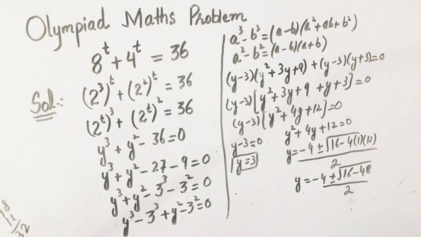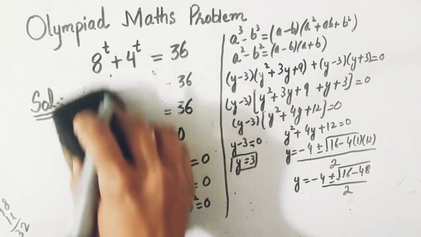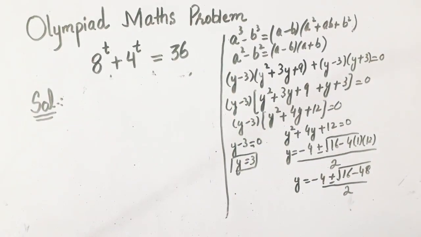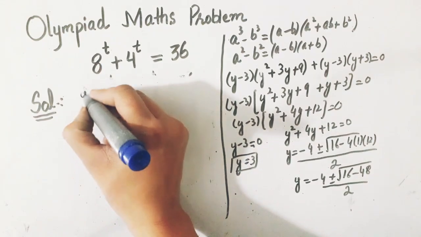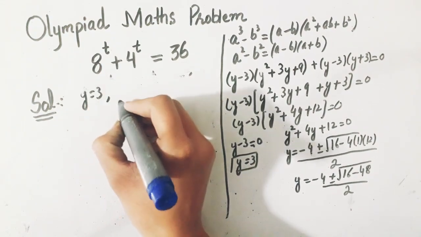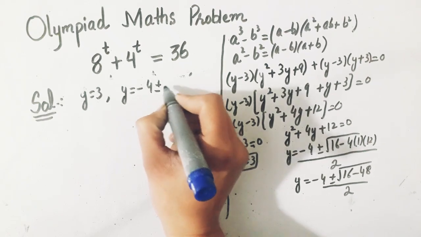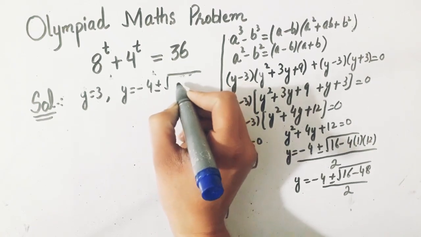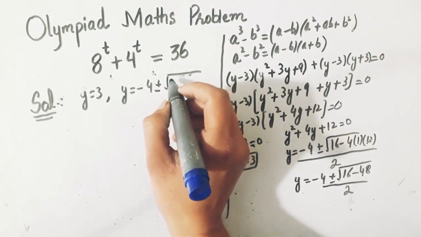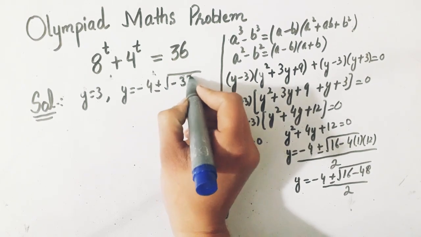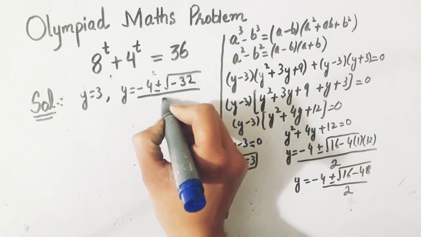So we get this equals, we will write the values here. For the first one we have y equals 3, and for the other one we have y equals minus 4 plus minus root of 16 minus 48, which is minus 32, divided by 2.